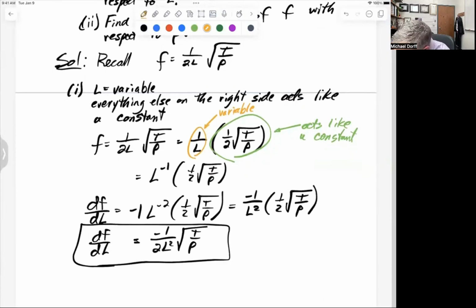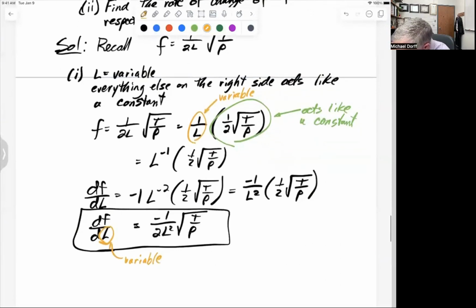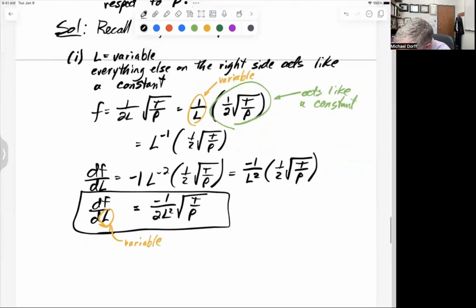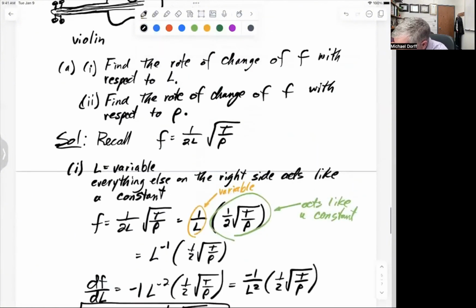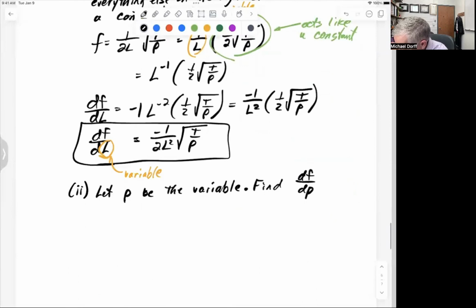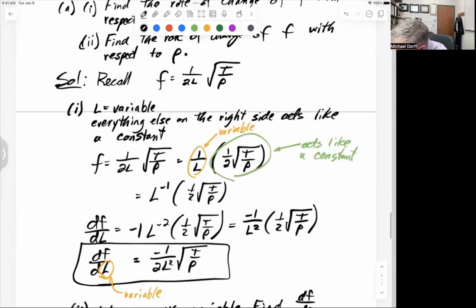Again, the fact that we have an L here means that that's my variable, and that's what we did with this problem. Now in part 2 of this, it says we're going to now let this rho or P be the variable, and we're finding then df d rho there. That's the rate of change with respect to rho. Let me make sure that that's clear here.